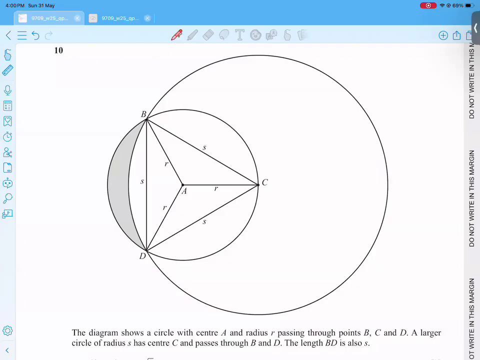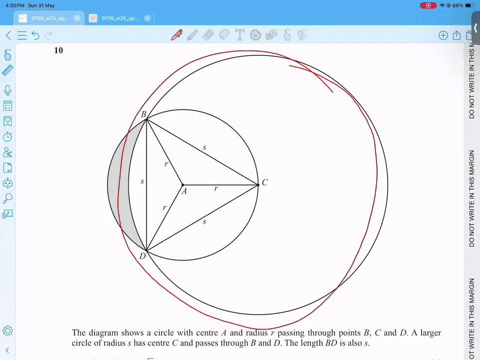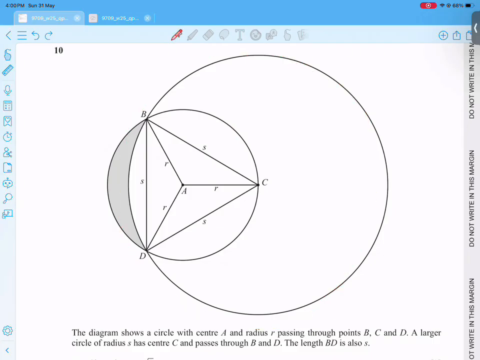Question number 10, students. The diagram shows a circle with center at A and radius R that passes through B, C, D. So there are three radii, and a larger circle of radius S. A bigger circle, and the radius is S. All three lengths are equal to each other.